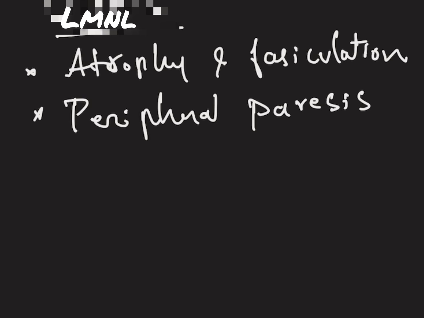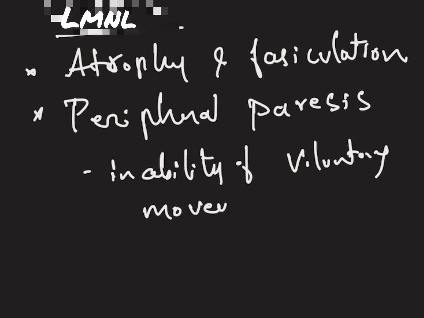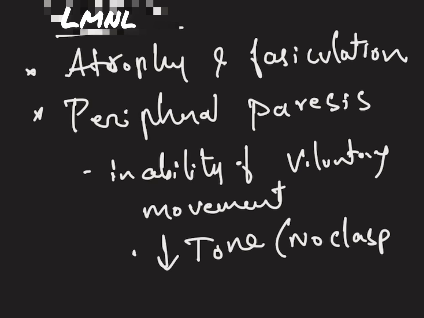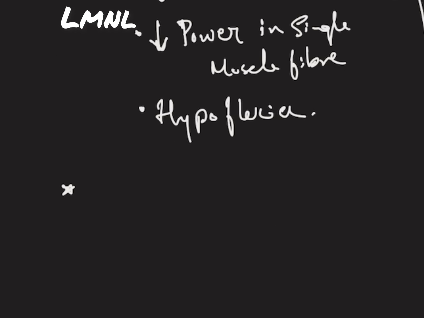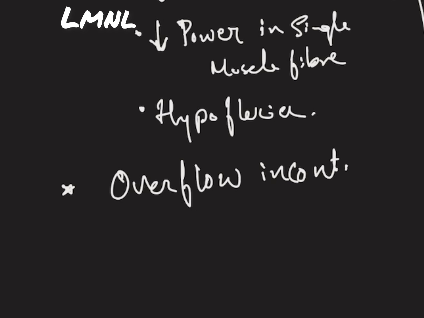Now let's see lower motor neuron lesions. Here atrophy and fasciculations are present, and peripheral paralysis is also present. There is inability of voluntary movement with decreased tone, so no clasp knife phenomenon. There will be decreased power in single muscles, and also hyporeflexia. The effect on the bladder will be overflow incontinence.